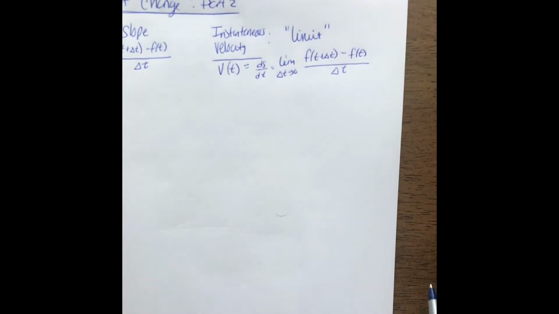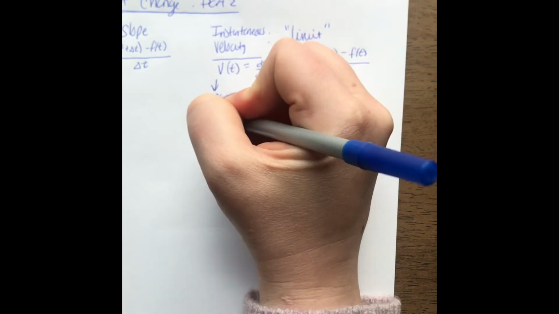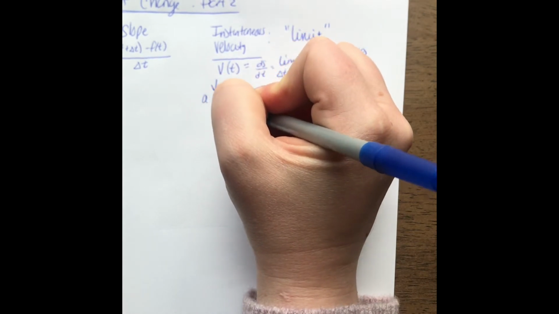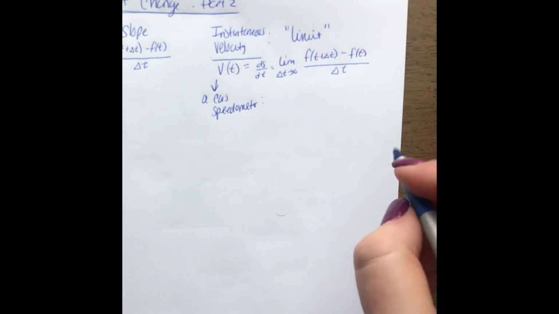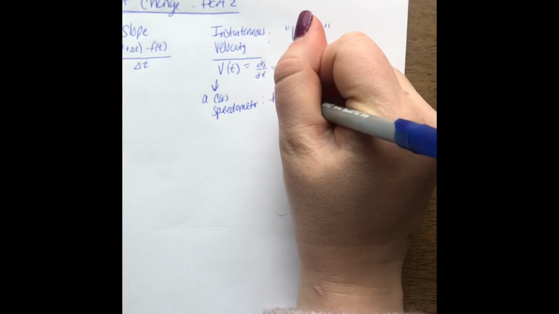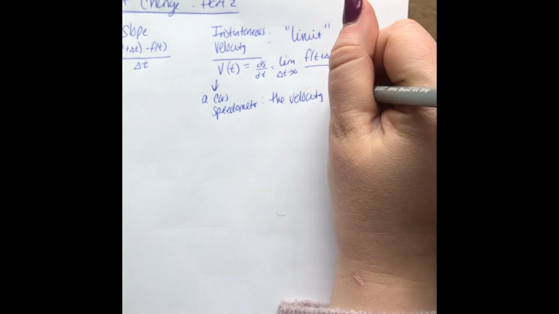And a little bit more of what instantaneous velocity is. So think about a car speedometer. A car speedometer is something that tells you how fast you're going. It's the velocity at one moment in time.